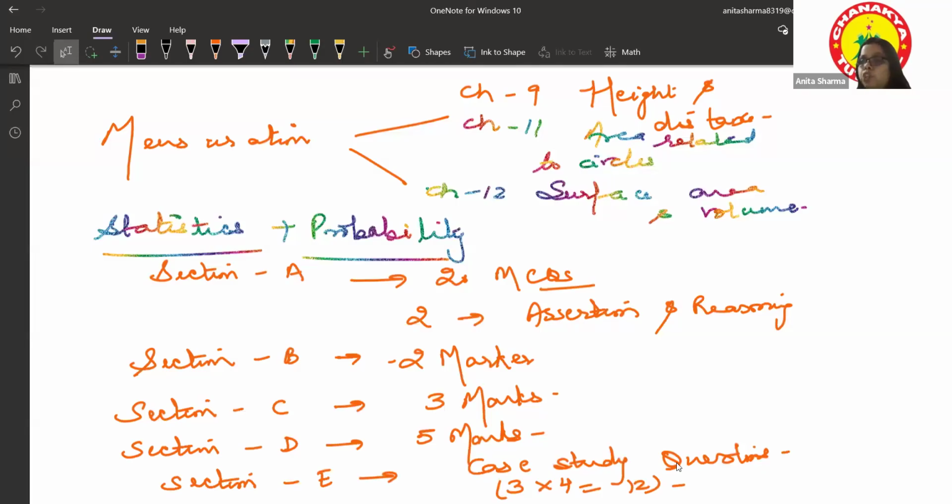And do you know trigonometry is also used in astronomy? We can calculate the distance between the planets, a star and the planet, with the help of trigonometry only.